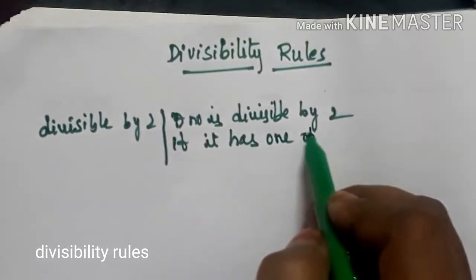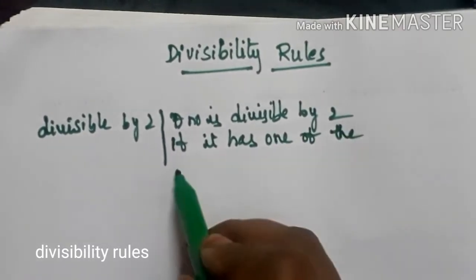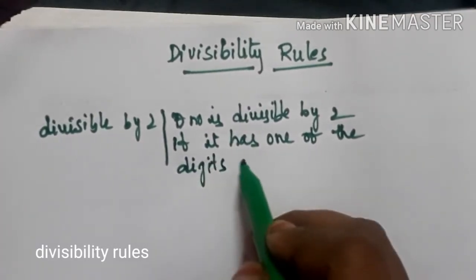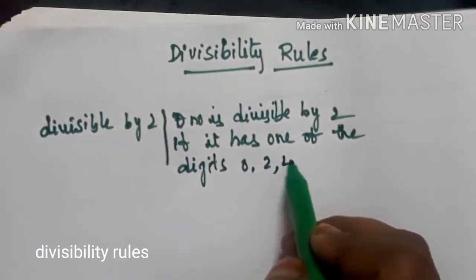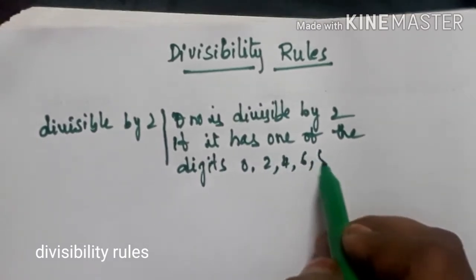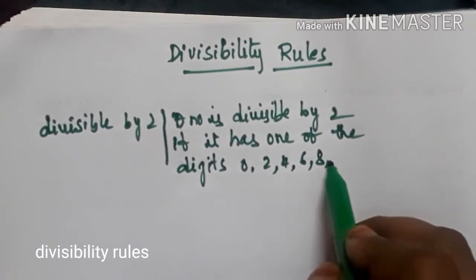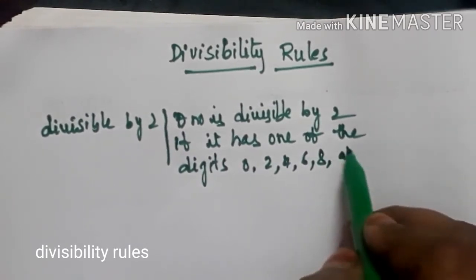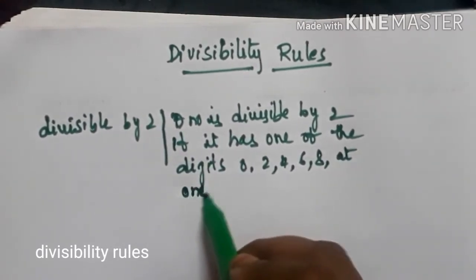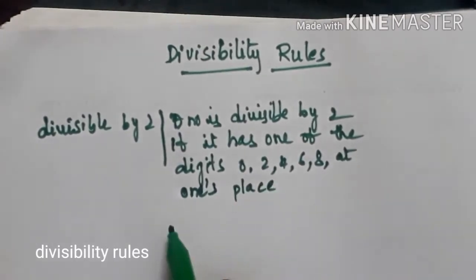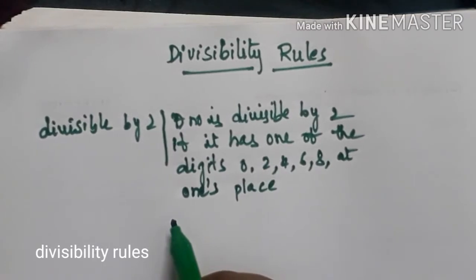That means if we have 0, 2, 4, 6, 8 at one's place, that number should be exactly divisible by 2. By seeing the number only, you can tell whether the given number is divisible by 2 or not. Let us take an example.